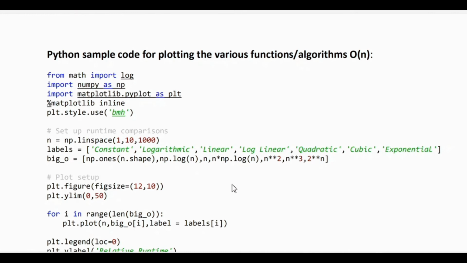We have here a Python sample code for plotting the various functions or algorithms. We are trying to plot here the constant, the logarithmic, the linear, the log linear, the quadratic, the cubic, and the exponential, and check which of these functions or algorithms has the worst or the least running time or order of growth.